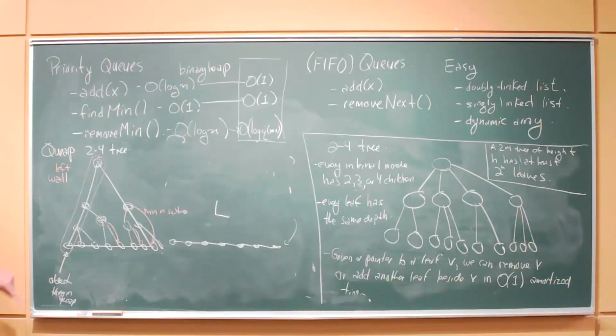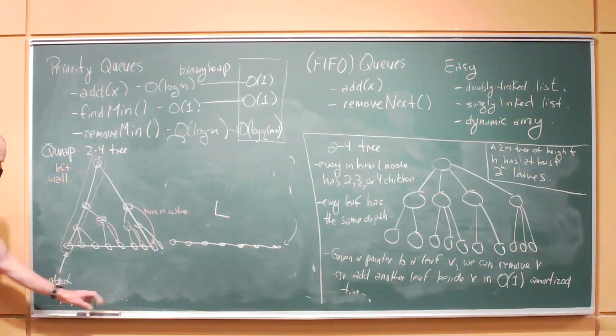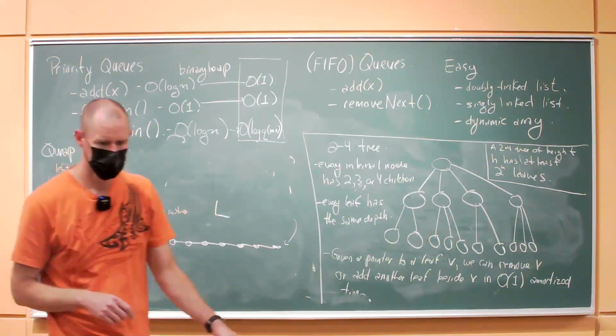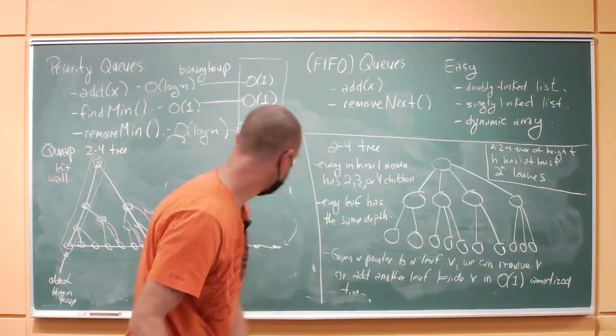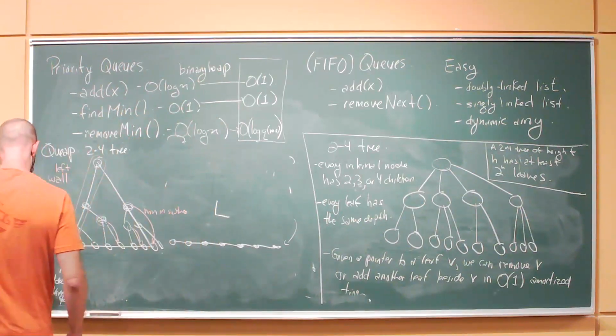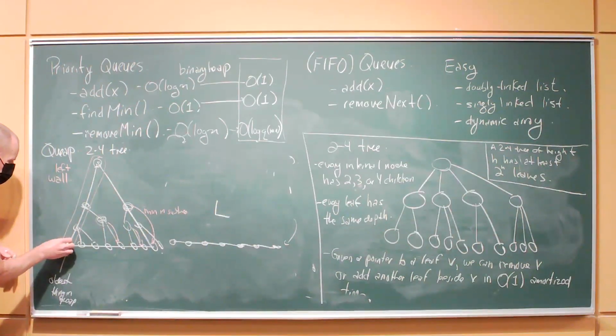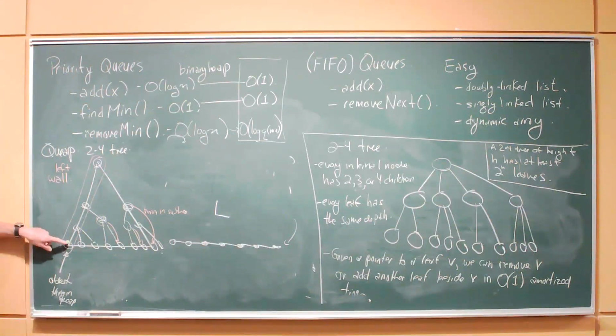These ones do something really strange. Each of these stores the minimum value not in the subtree. So for instance, this thing here stores a pointer to the minimum value in the tree other than possibly itself.